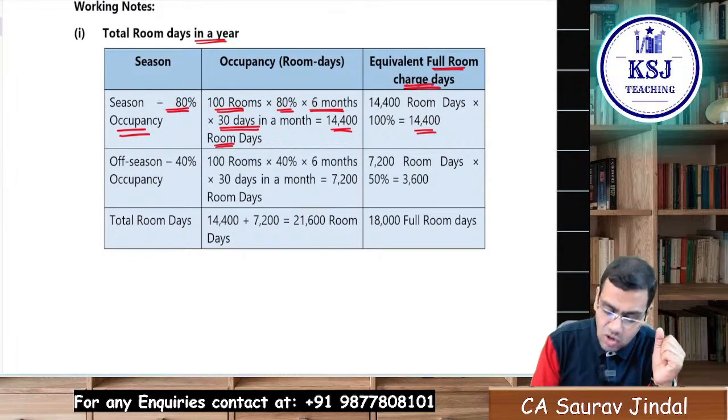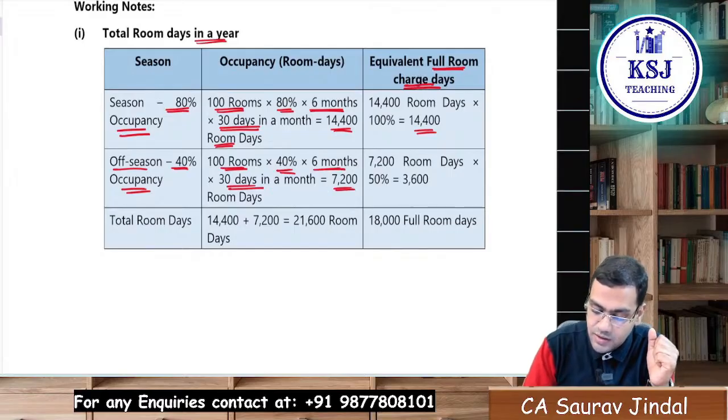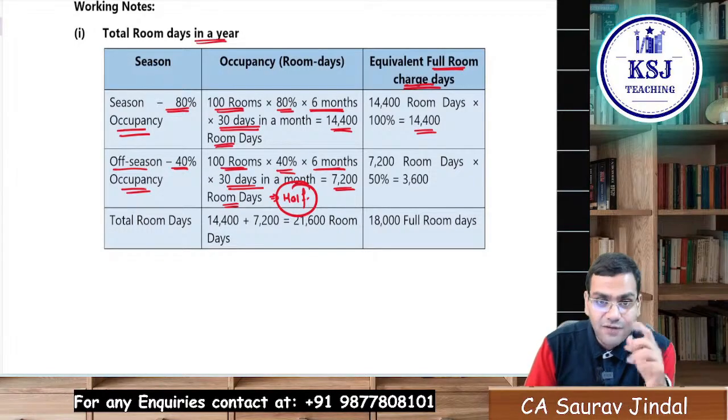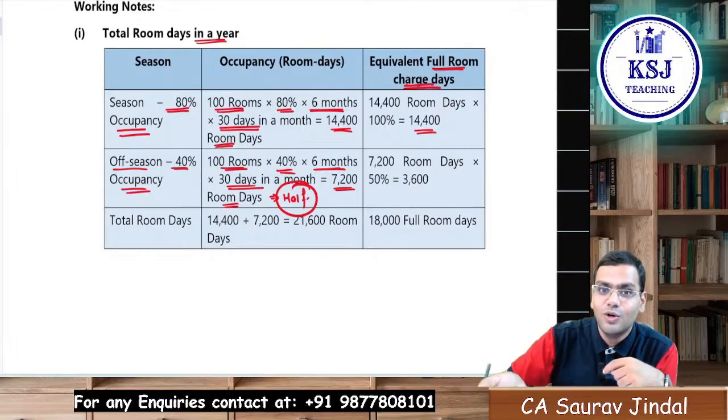Second category, off season, 40% occupancy, 100 rooms, 40% occupancy for 30 days in a month into 6 months, 7,200 room days. Now here you are charging what, sir? Half. But if you want to convert this half into what? Into the full rooms.